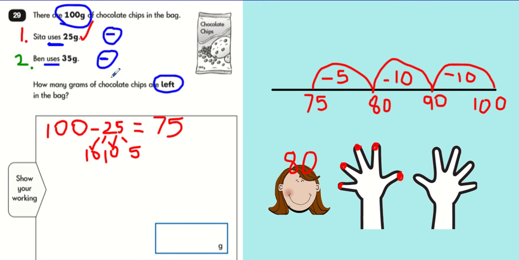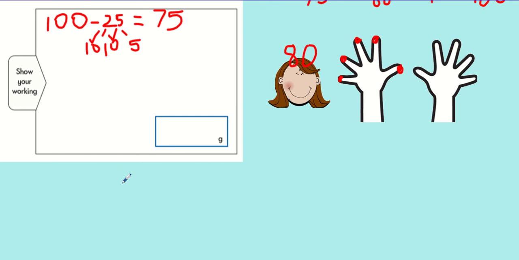But we know that Ben comes along to take some more chocolate chips, doesn't he? So this time we need to have a think about a new number sentence, don't we? What are we going to be starting with this time? Well, it's going to be 75 grams left in the bag this time, isn't it? So our new total, our new biggest number is 75 because that's the amount that we had left after Sita was finished.